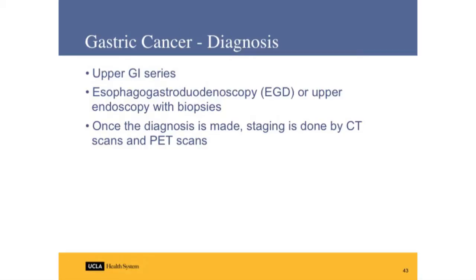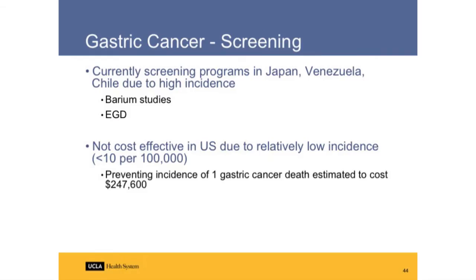So screening, in the US, there's no screening program for gastric cancer, so it's not recommended for the same reasons why we don't screen for esophageal cancer. Because the prevalence is so high in countries like Japan, Venezuela, and Chile, they do have screening programs, and they often use barium studies as well as upper endoscopies to screen.